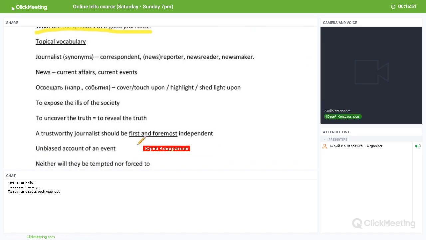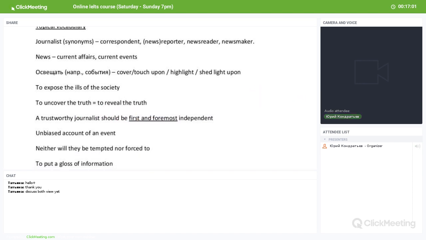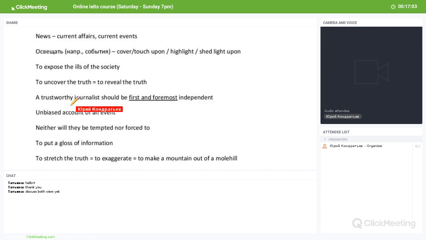You can say, this is an expression, first and foremost. You can also use it for other essays, like the most important thing is a trustworthy journalist should be first and foremost independent. Then they should provide an unbiased account of an event. Unbiased means objective.